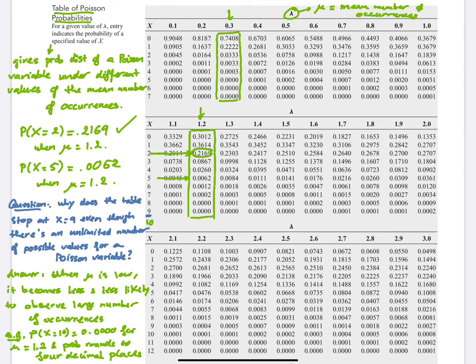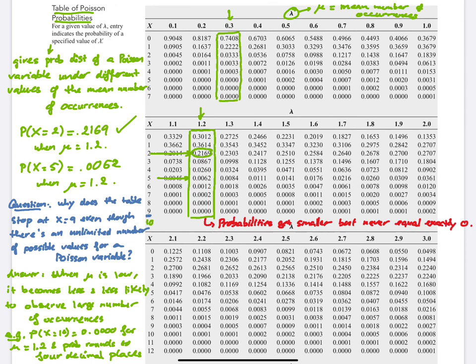Now, one thing that you want to note is that probabilities get smaller and smaller, but they never actually equal 0. So let me actually write that: probabilities get smaller, but never equal exactly 0.